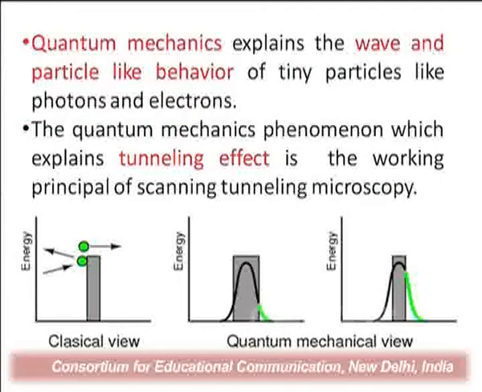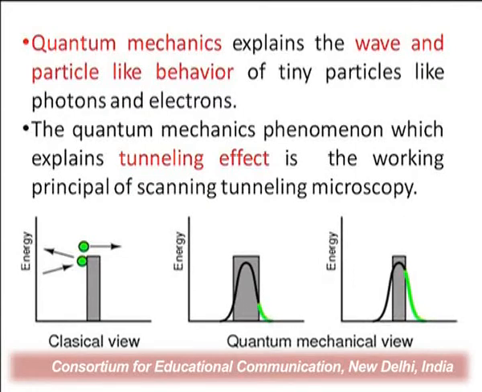Quantum mechanics explains the wave and particle like behavior of tiny particles like photons and electrons, and we are also dealing with nanoparticles, electrons or atoms. Quantum mechanics explains the tunneling effect, which is not explained by classical mechanics. We are discussing scanning probe microscopy, specifically scanning tunneling microscopy.